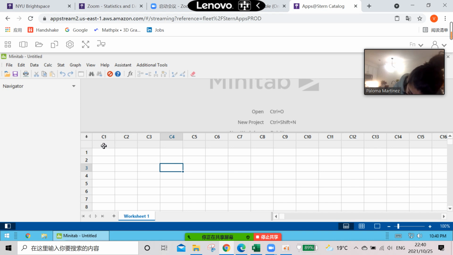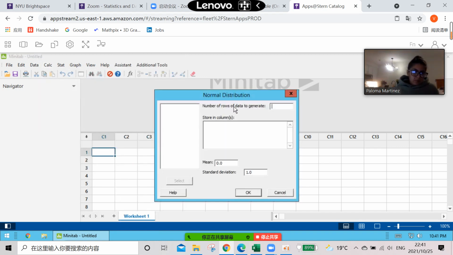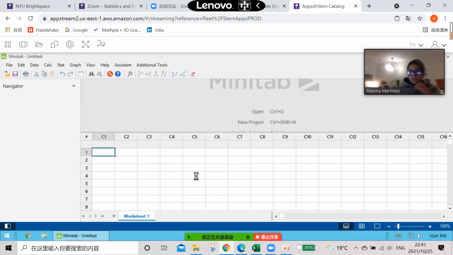Can you see the screen? Mhm. Okay, sure. So first, this software generates 1,000 data points for me. They are normally distributed.